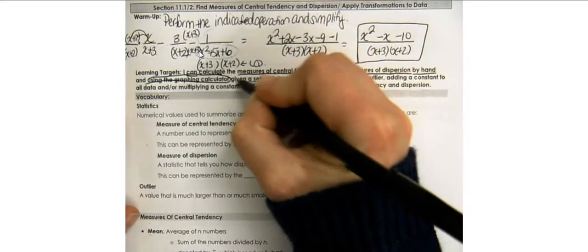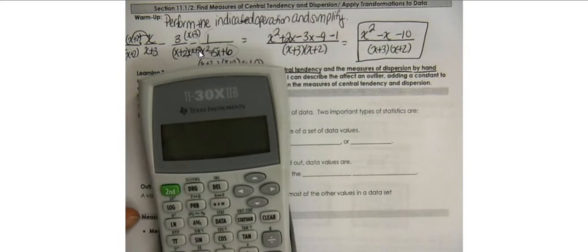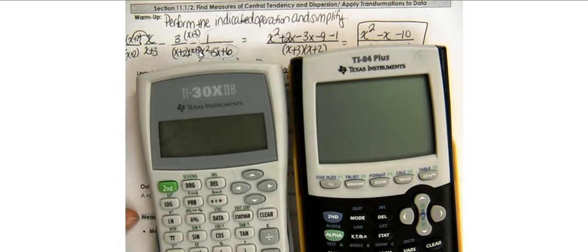So for today's lesson, you will need a scientific calculator and a graphing calculator. If you do not have a graphing calculator at home, that's okay. It won't prevent you from being able to finish these notes. It just means that you and I might have to have a one-on-one conversation when I see you next time.